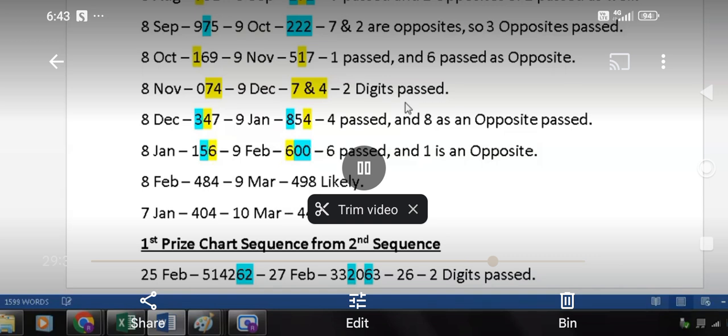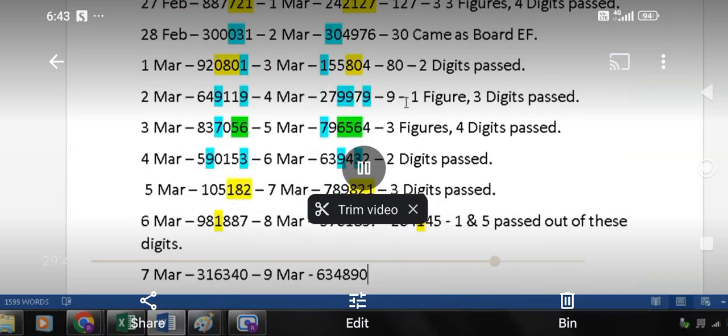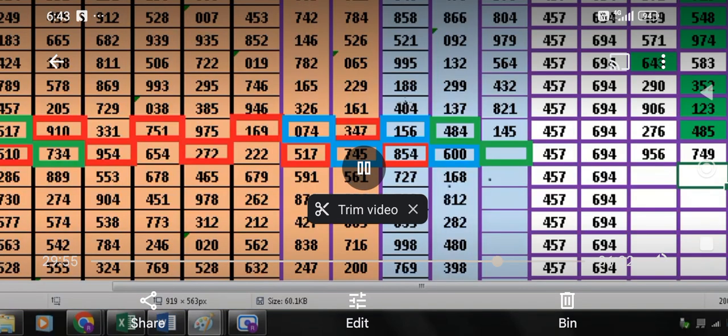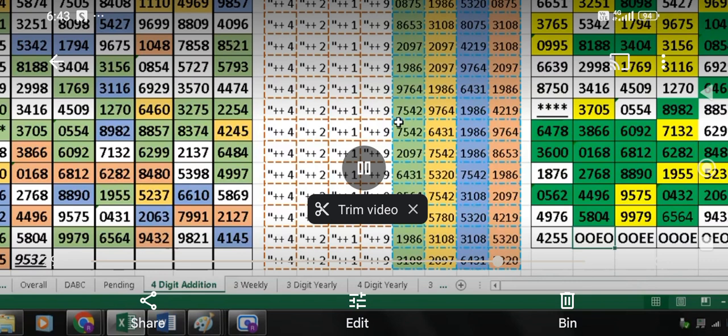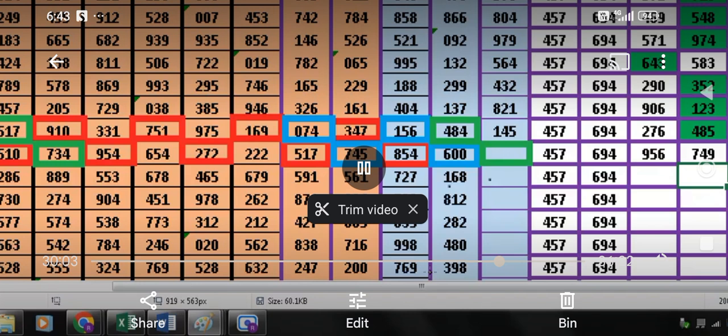As I've explained to you, there is a possibility of both even and odd coming as a mixture together. So if you're looking to play 982, you should also play 402, but this will be in DAB, not in ABC. 402 you will need to play in DAB, and in ABC, 932, 982 is what you can be looking at.